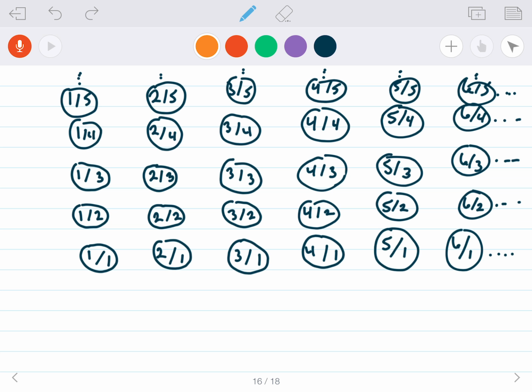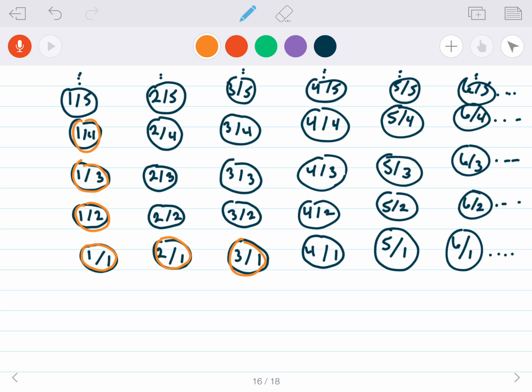We're going to have an infinite grid where we start with our number 1, we go to 2 over 1, 3 over 1, and so forth. And then the next level of the 1 being in the numerator is 2 being in the denominator. So 1 over 2, 1 over 3, 1 over 4, and you guys can see this pattern.